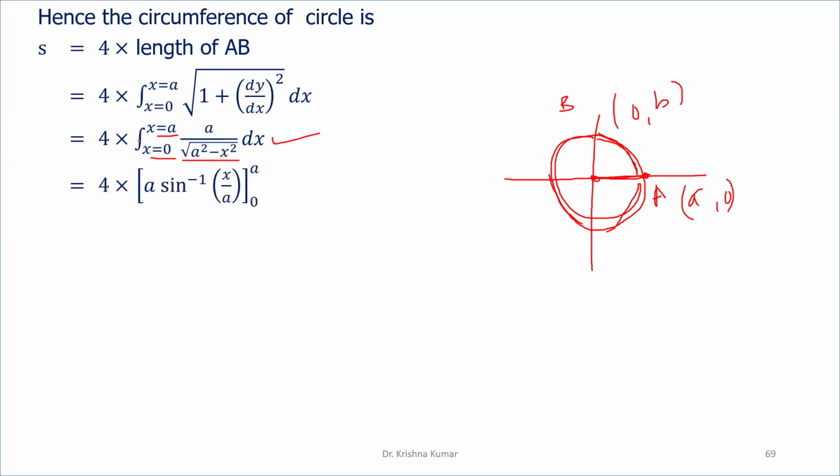Now we can take a outside. What is the integration of 1 upon root over a square minus x square? This is nothing but sine inverse of x by a, under the limit 0 to a.